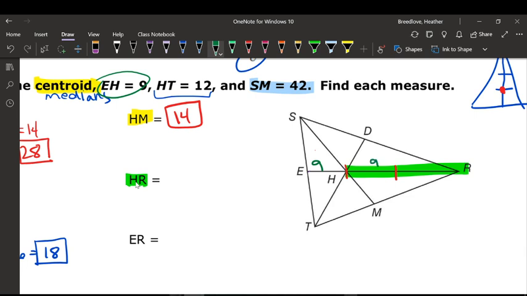So then there's another 9 and another 9. So HR is both of these. So 9 plus 9 is 18. And then it says ER. Well, ER is the entire median, so it's 9 plus 9 plus 9, which is 27.